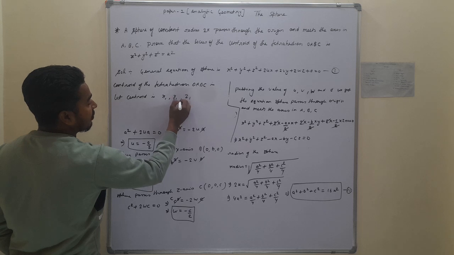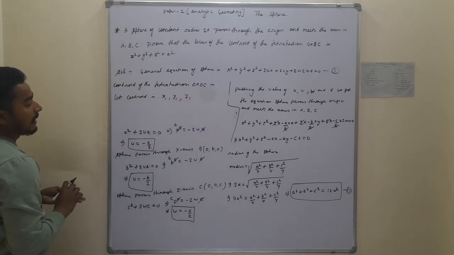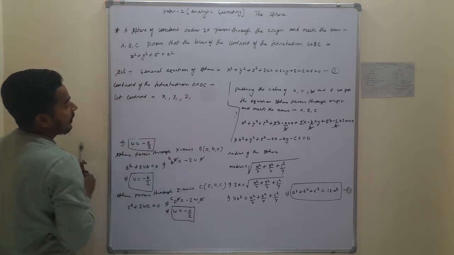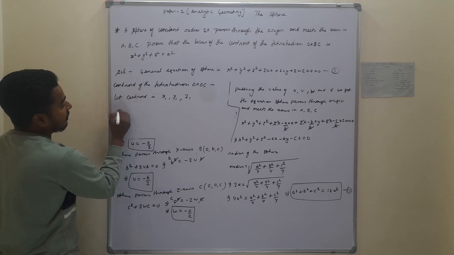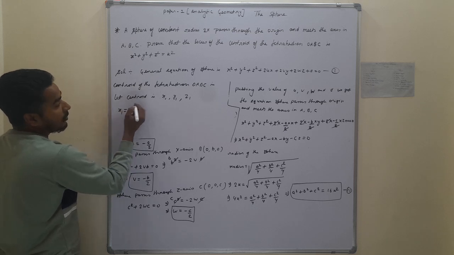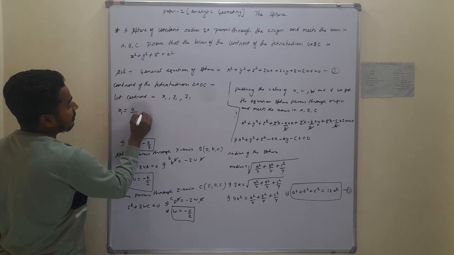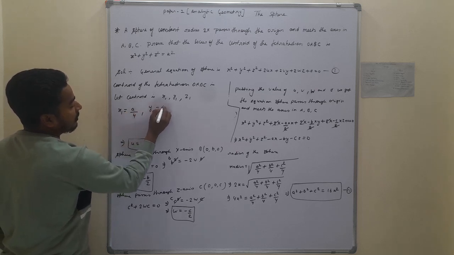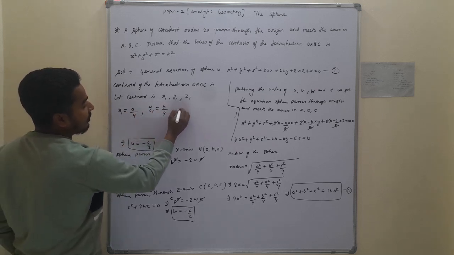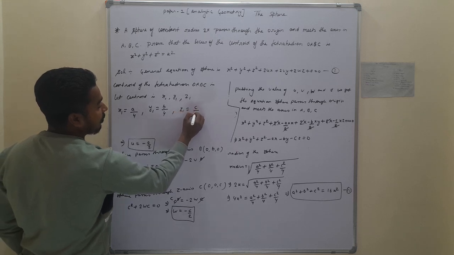The centroid of the tetrahedron is given by x1 is equal to the sum of coordinates upon 4, we get a upon 4. Similarly for y1 we get b upon 4, and similarly for z1 we get c upon 4.